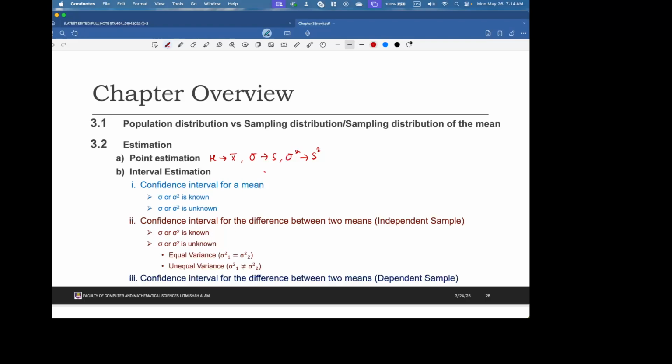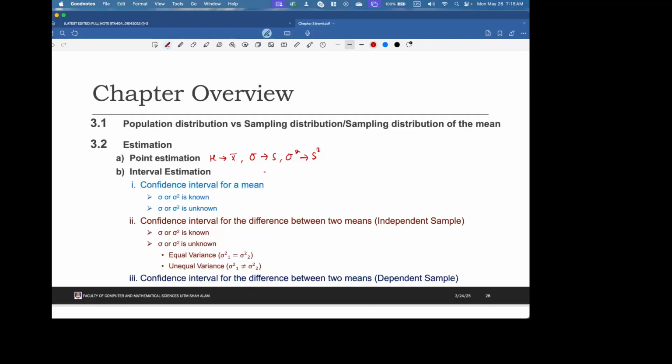Population means your sample is from the population, and you need to remember the definition of population is all elements. For example, all archi students. When you calculate the mean and the standard deviation from that data, it means you have all students' data. The symbols you will use are mu, sigma, and sigma square.